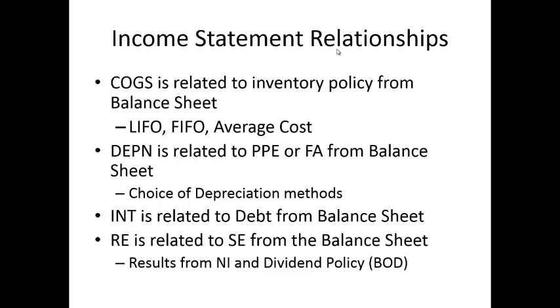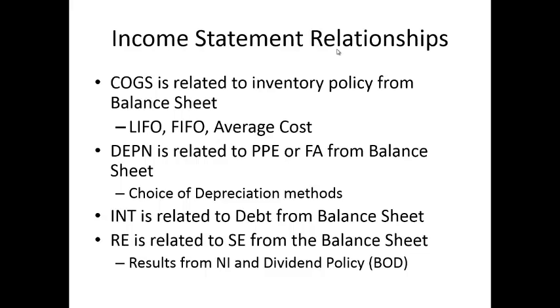You may remember in accounting, with respect to inventory policy, we have choices of how we account for the cost of our inventory. Included in these are LIFO, or last in, first out, FIFO, first in, first out, and the average cost method. And what we know is that depending on which method we choose, that impacts the level of inventory that we see on the balance sheet.